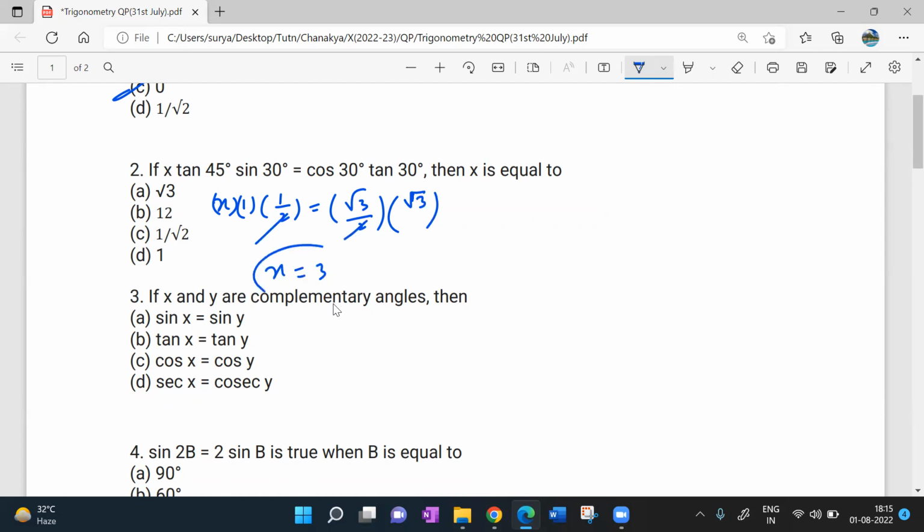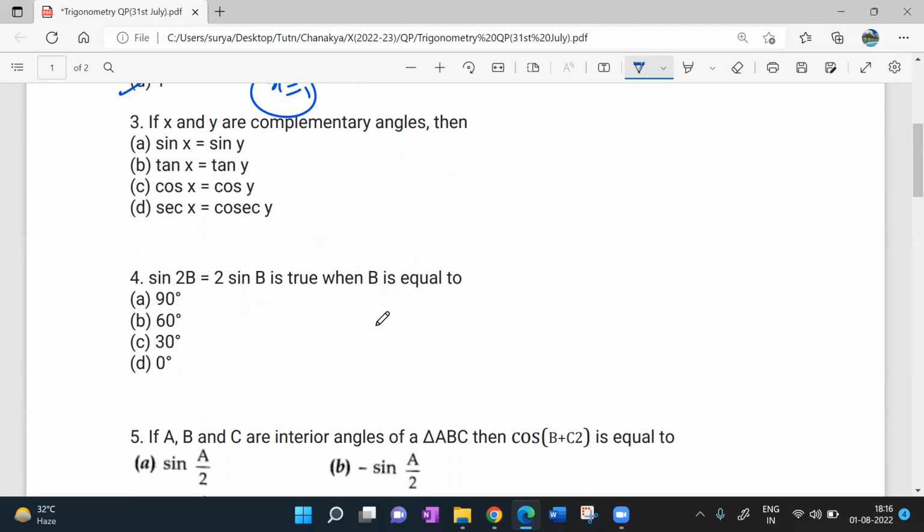Sorry, I wrote wrongly. Tan 30 is asked. Tan 30 value is what, beta? 1 by root 3, right? So x value is 1. Answer is 1. Option D is correct. Any doubts? No doubt, sir. Next.